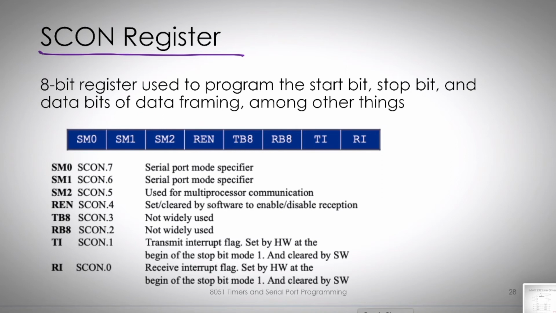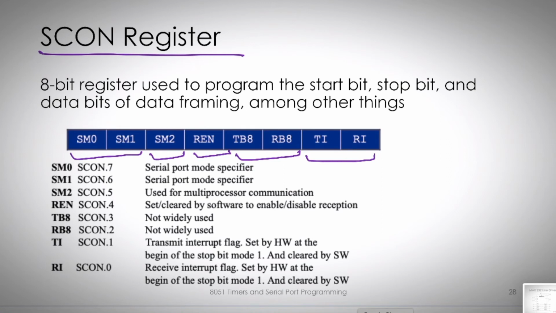We have serial mode bits SM0 and SM1, and there is also SM2, which we generally don't use, for multiprocessor communication, and there is a receive enable, and these two bits TB8 and RB8, the bit 8, which is not widely used again, and then there is a transmit interrupt and receive interrupt. So these are the 8 bits.